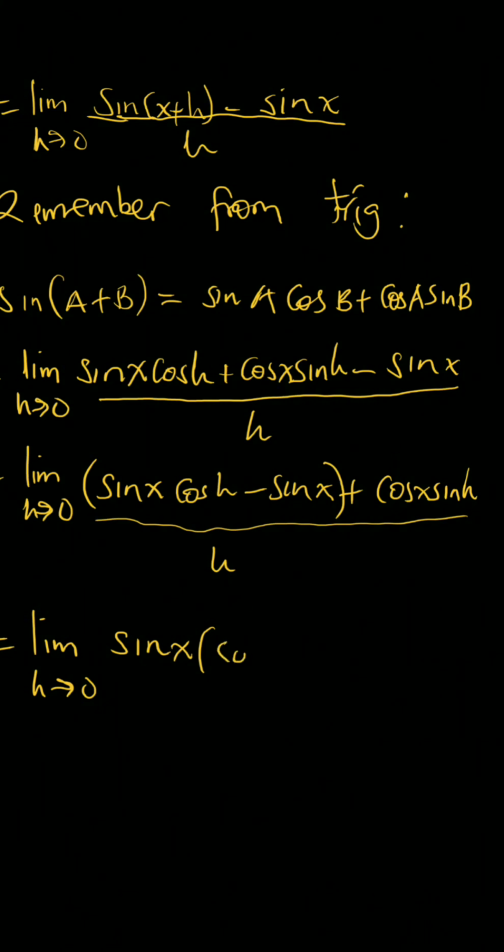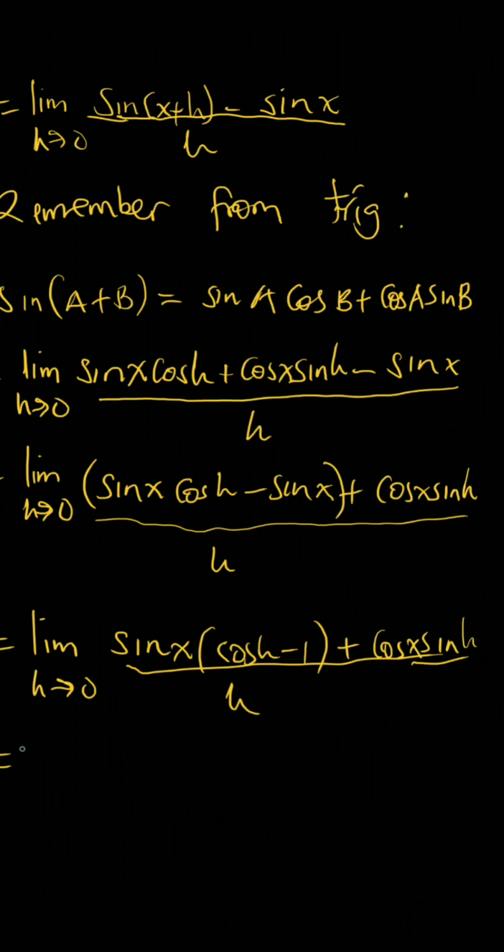We're going to have cos h, then minus, the last part will just be a 1 since it's sin x which has been factored out. Then we say plus cos x times sin h, like what we've been doing, divide everything by h.